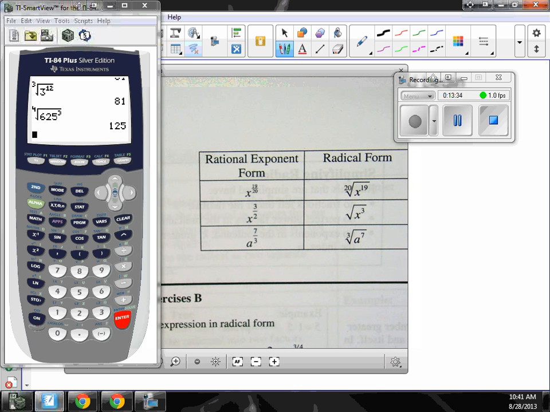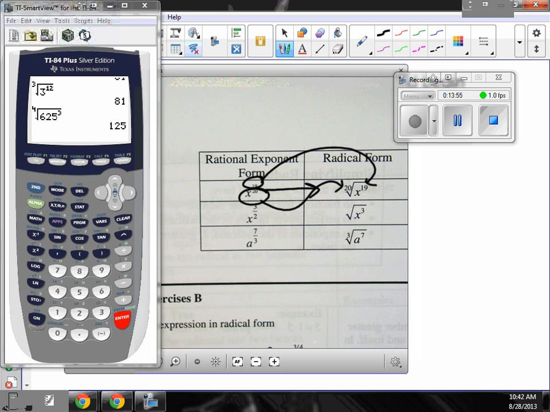So you see x to the 19 over 20 is exactly the same thing as the 20th root of x to the 19th. So the top number of the fraction becomes the exponent, and the bottom number of the fraction becomes the root. But on the second one, where's the 2? We have the 3 being the exponent, but what happened to the 2? We don't write it, but there is a little 2 in there. We're just too lazy to write it. And then a to the 7/3 is the 3rd root of a to the 7th.